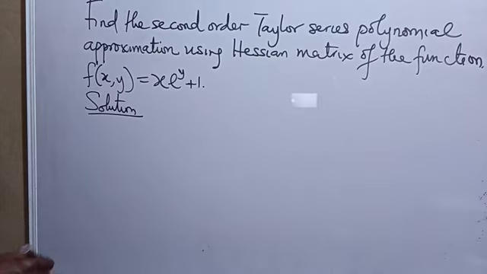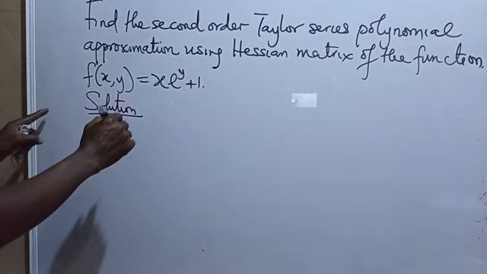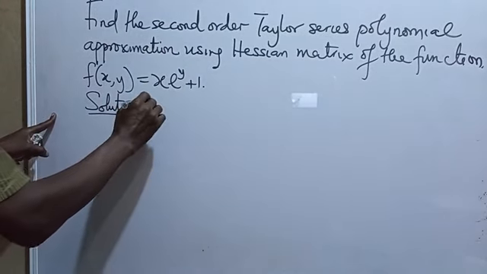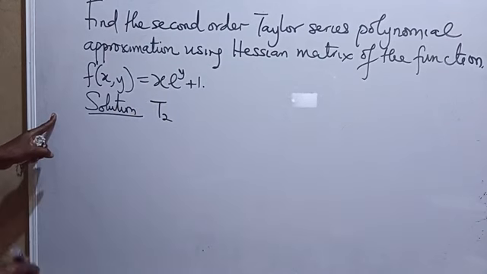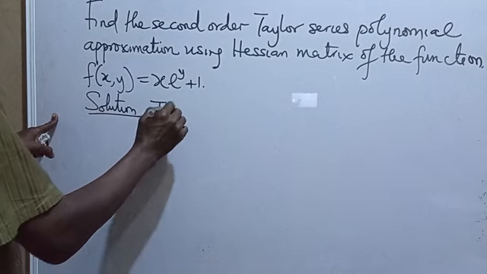Solution. Let's recall, for the second order approximation of the Taylor polynomial, we have this formula.